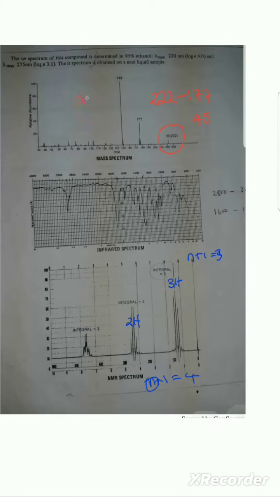So 177 minus 149, what am I going to have? I'm going to have 28.